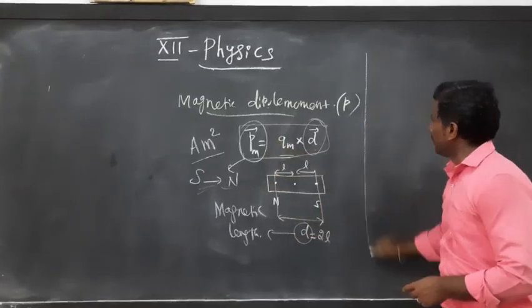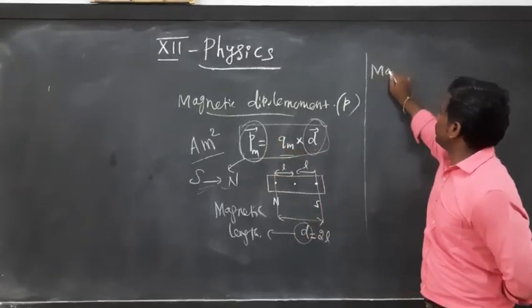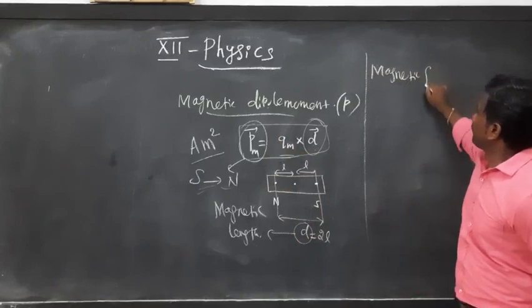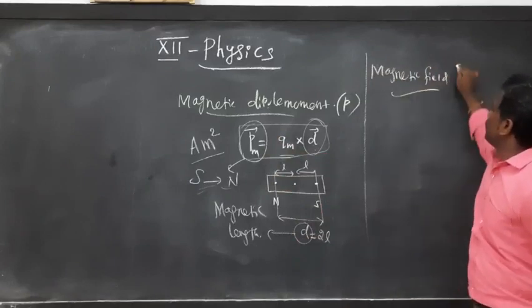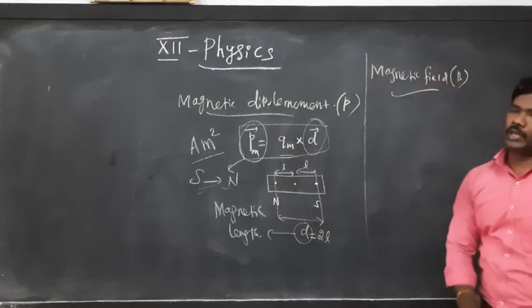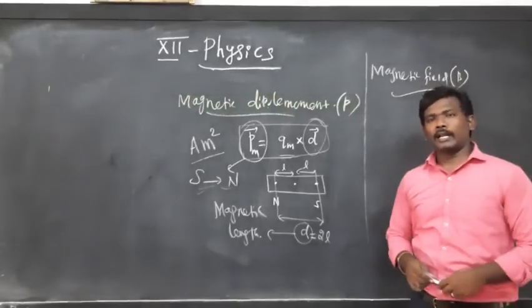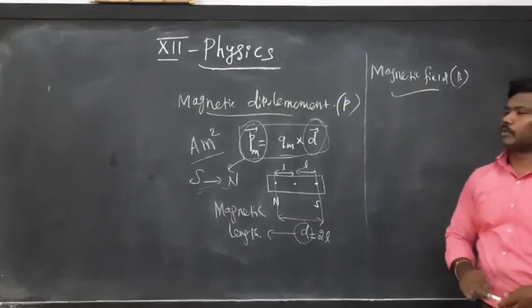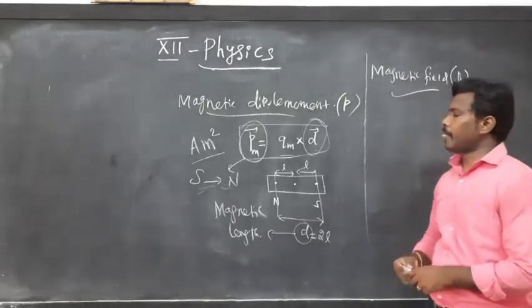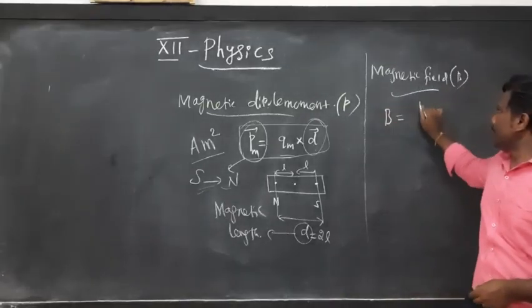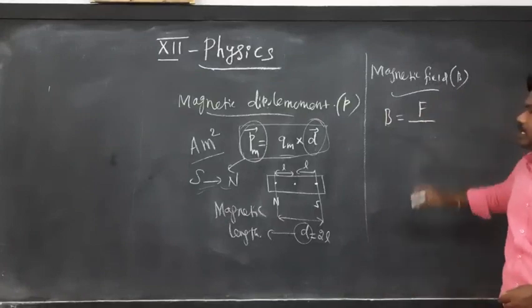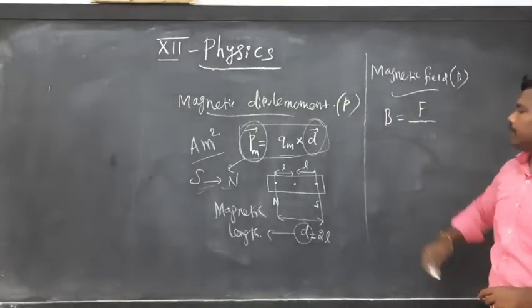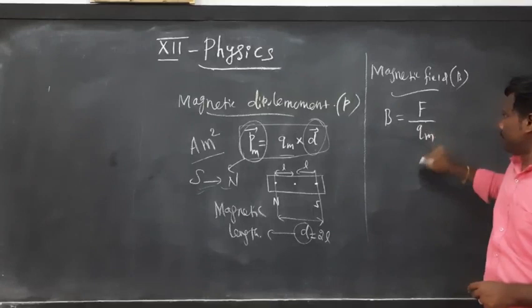And the next topic is the magnetic field. This is the letter B. Already we studied the electric field in the first chapter, electrostatics. Now we are going to see the magnetic field. Magnetic field is defined as the force experienced by a unit pole strength Qm.